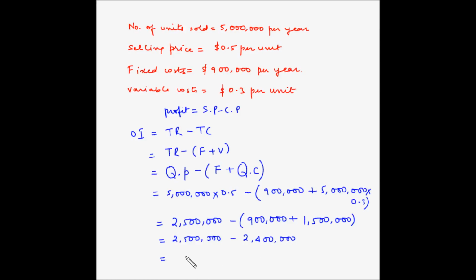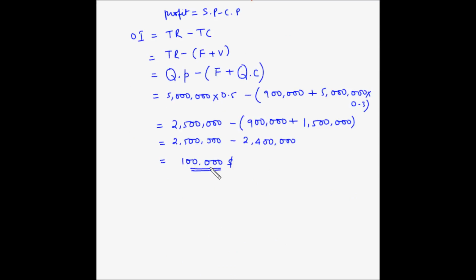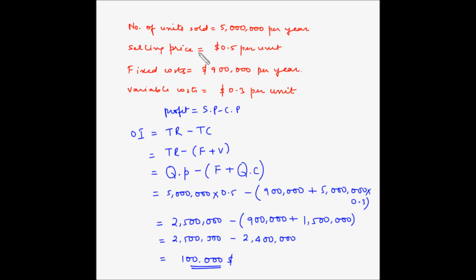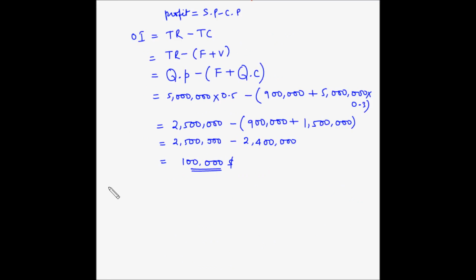So this is equal to $100,000. So this is the operating income with these numbers. Now we have to find out the impact on this operating income if the variable cost increases by $0.04 per unit.